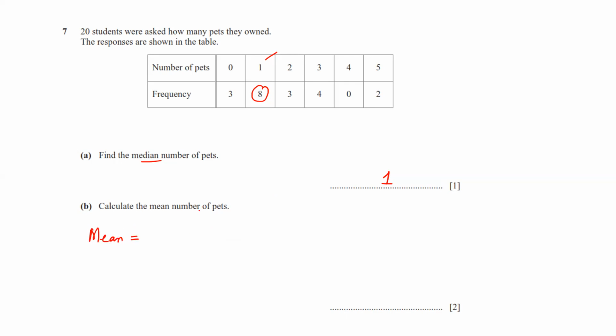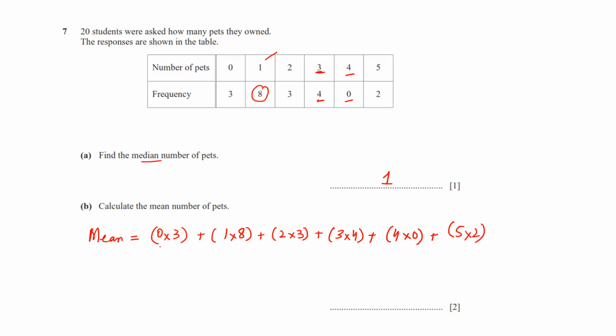Mean will be the number of pets multiplied by the frequency: 0 multiplied by 3 plus 1 multiplied by 8 plus 2 multiplied by 3 plus 3 multiplied by 4 plus 4 multiplied by 0 plus 5 multiplied by 2, and then dividing by the total number of students who were asked.